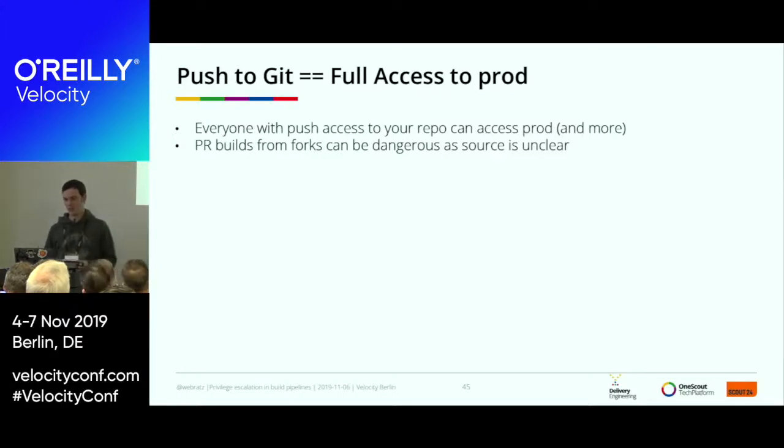Okay, so almost done. We remember we talked about this: if we can push to Git, then we can have access to everywhere, or at least what this thing is supposed to do. I know many people don't have perfect permission management on GitHub, GitLab, or elsewhere. You just add a team, and then they add other people, and so on, it adds up.